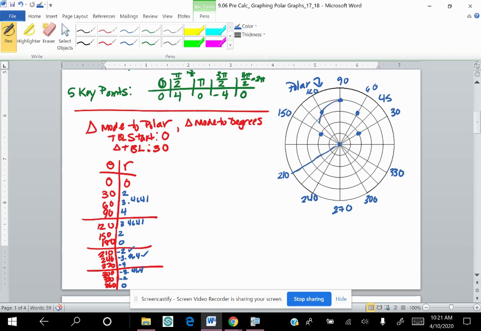So when we connect these, not very perfect, but best I could do for now, this would be a circle. So pretty cool how you can see the difference when you graph it in a set of polar axes versus on the rectangular axes. So it's just looking at it in a different way.